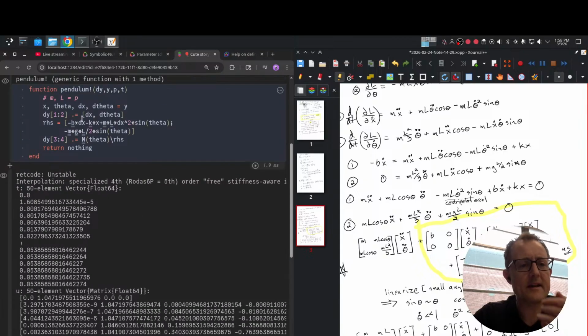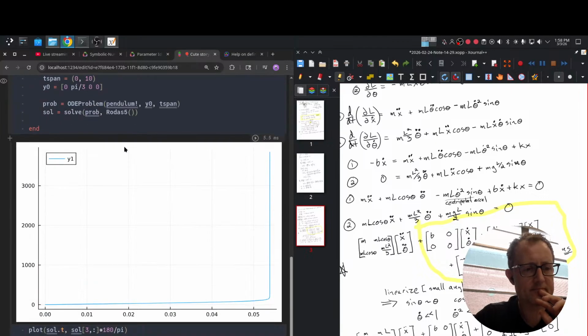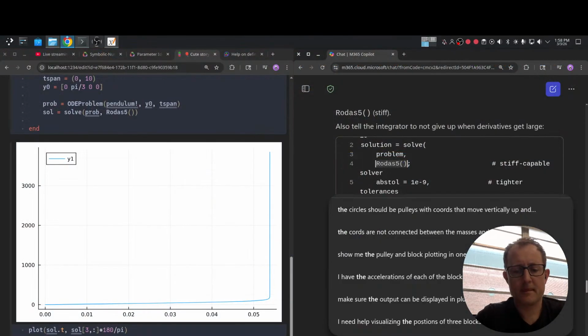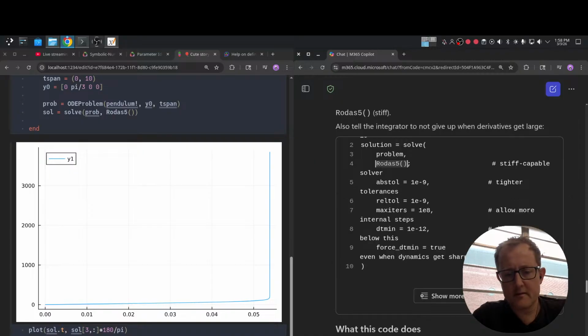I mean, I think that's fine. The velocity terms are unstable in this solution. What's wrong with my function?